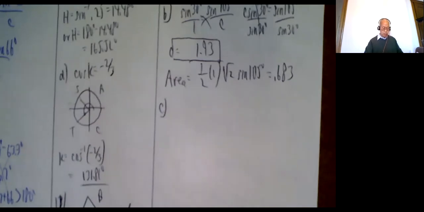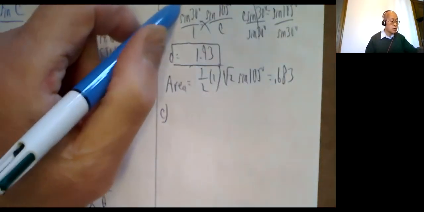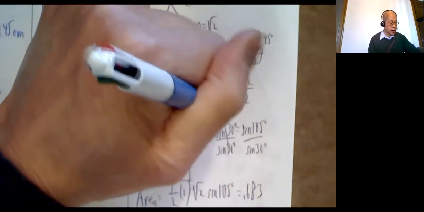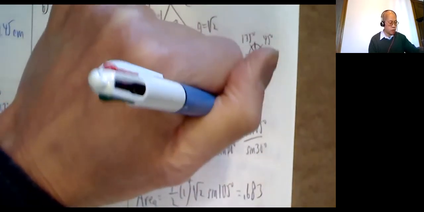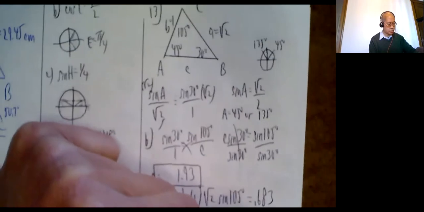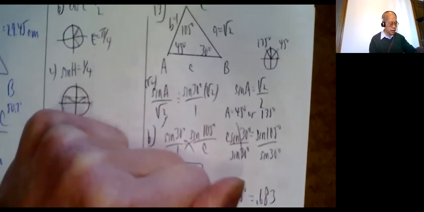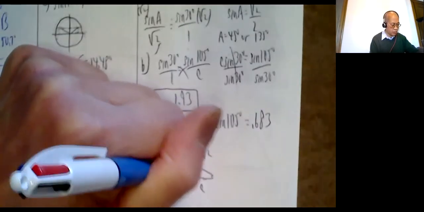And then they're saying, what if you have the other triangle where A is 135? Okay, so A is either 45 or 135. So if I have 135, the picture actually looks more like this, I guess. So B is 1, A is radical 2, here's little c, and this is 135 degrees.